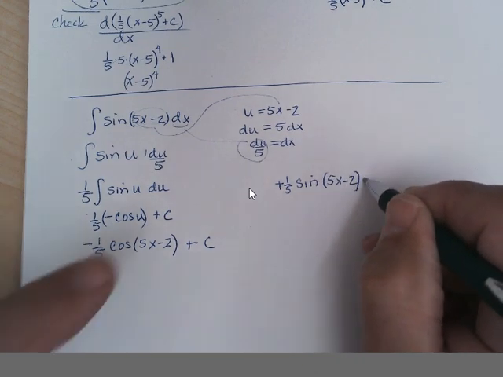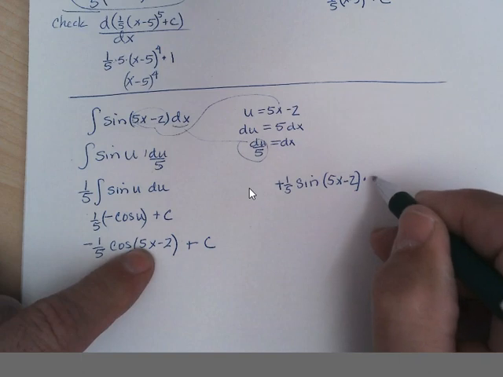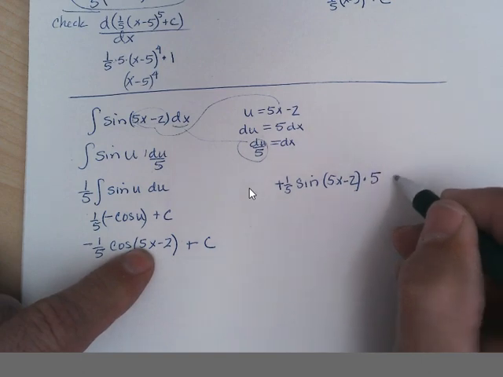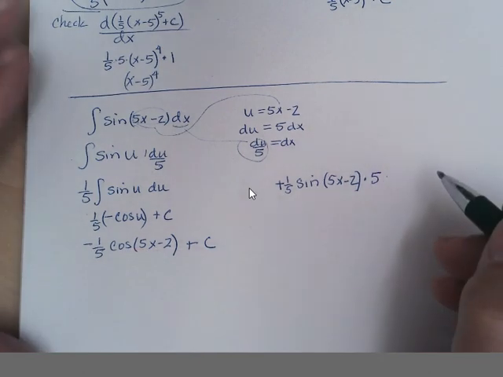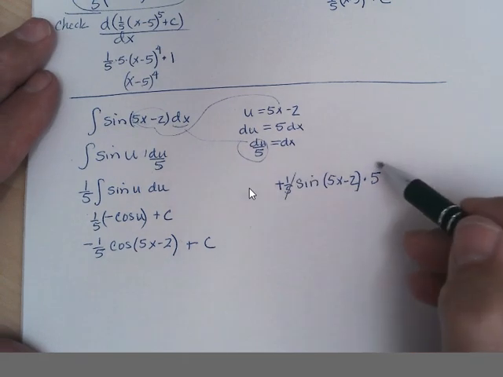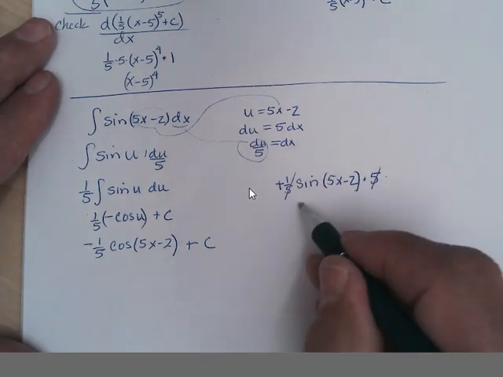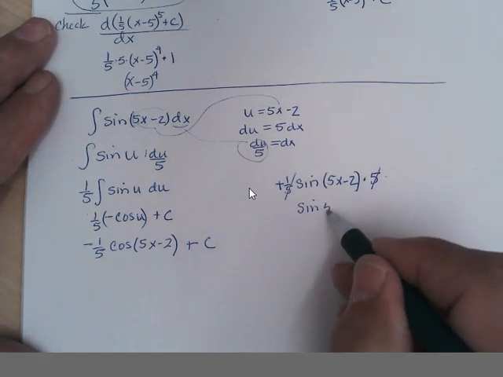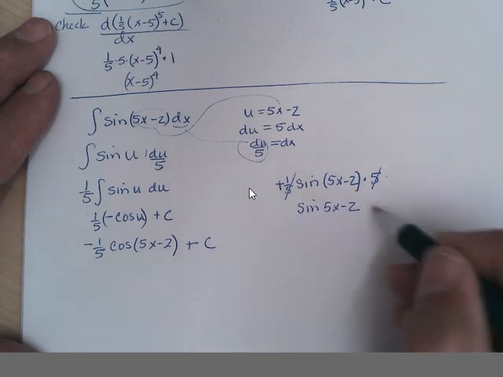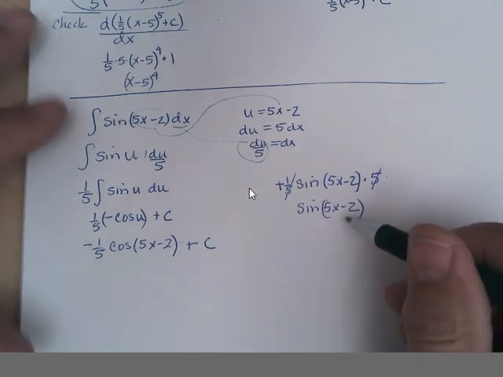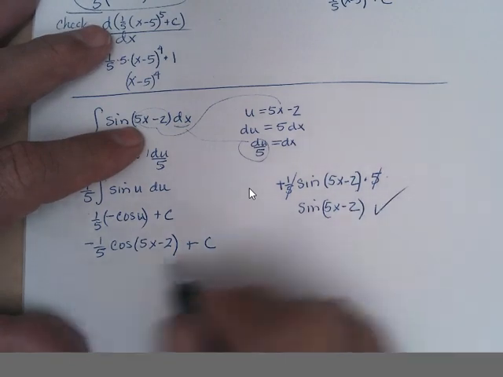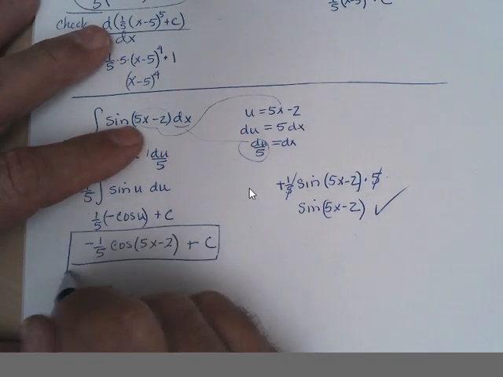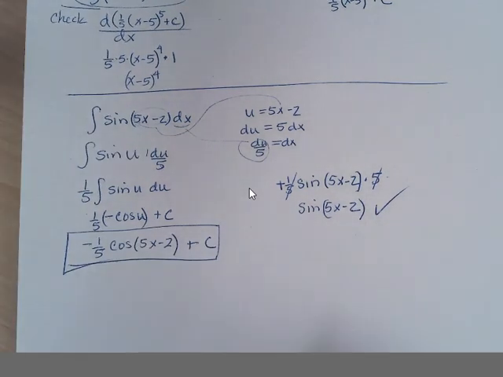Chain rule says times the derivative of the inside, times 5, and the derivative of the constant is 0. So the 1/5 cancels the 5, and I get sine of 5x minus 2, which is what I was trying to find the antiderivative of, so it checks. This is the correct antiderivative.